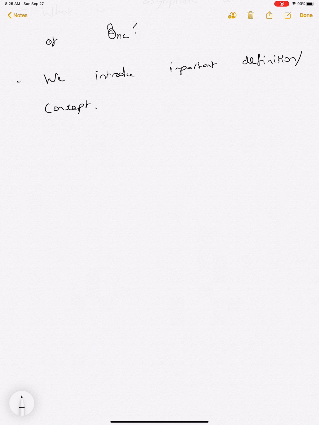We're going to build up to that slowly. We're going to get to that in the next 20 minutes or so. But we're going to need an important definition first, because it's going to relate to the asymptotic variance of the maximum likelihood estimate. So we're going to introduce this definition, which is the Fisher information.